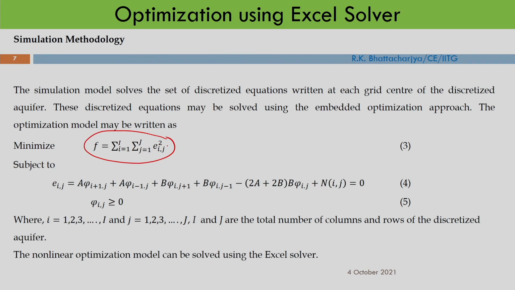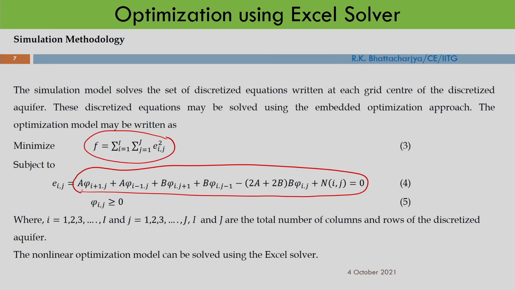This is the equation that has to be satisfied at each grid center. Now, for any arbitrary value, the right hand side will not be equal to 0. So, I am considering this as Eij, where Eij is the error.